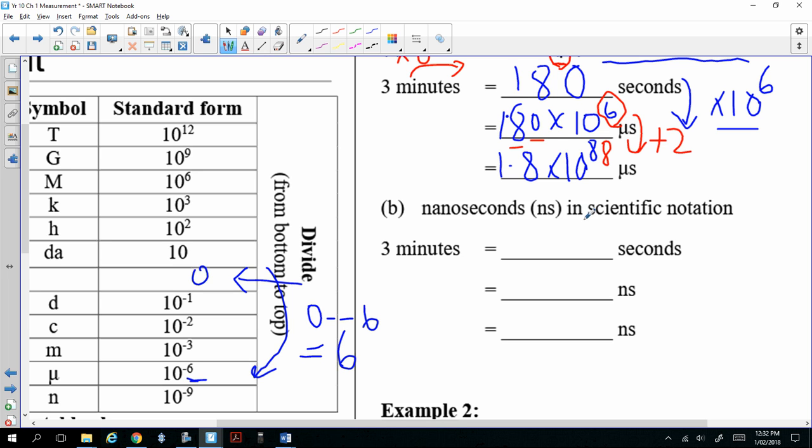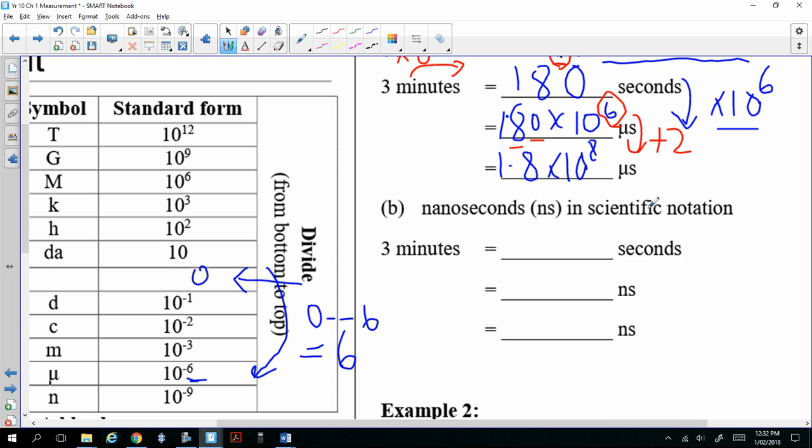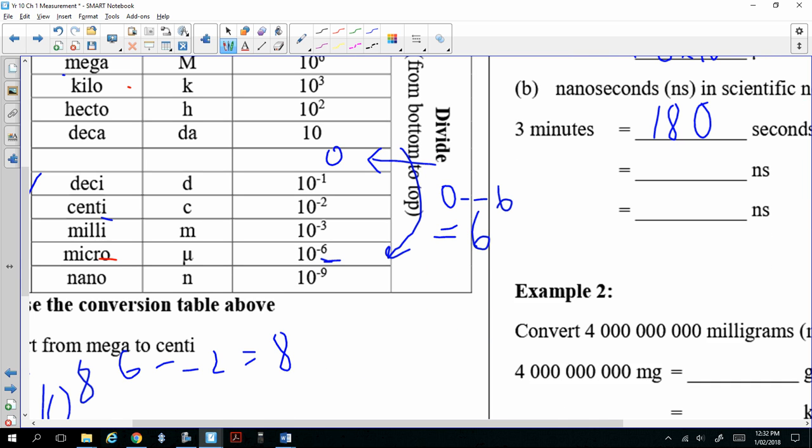Okay, good. After we finish, we're now going to do another question. This time we're going to change 3 minutes to nanoseconds. What you do is write this as 180 seconds like before. Let's check: nano is 10 to the power negative 9, so there's a difference of 9.